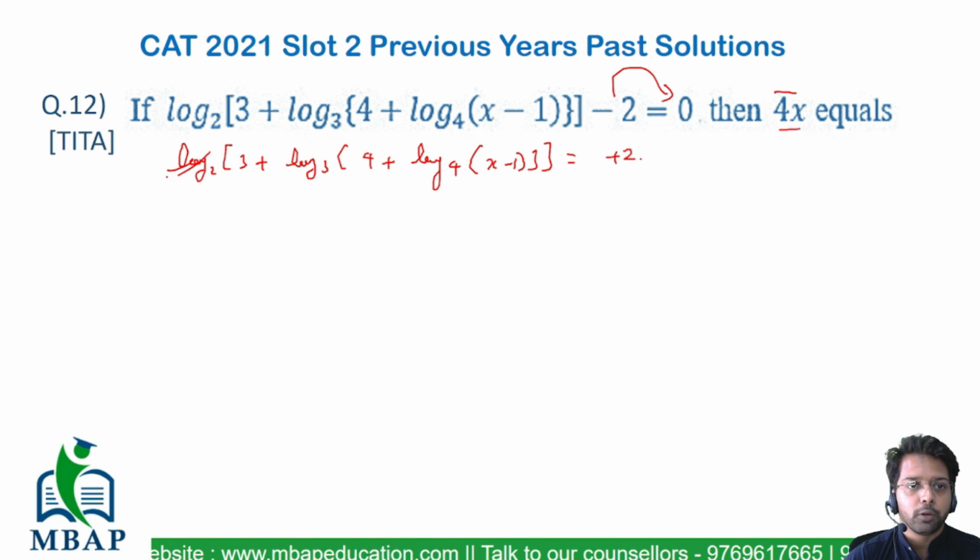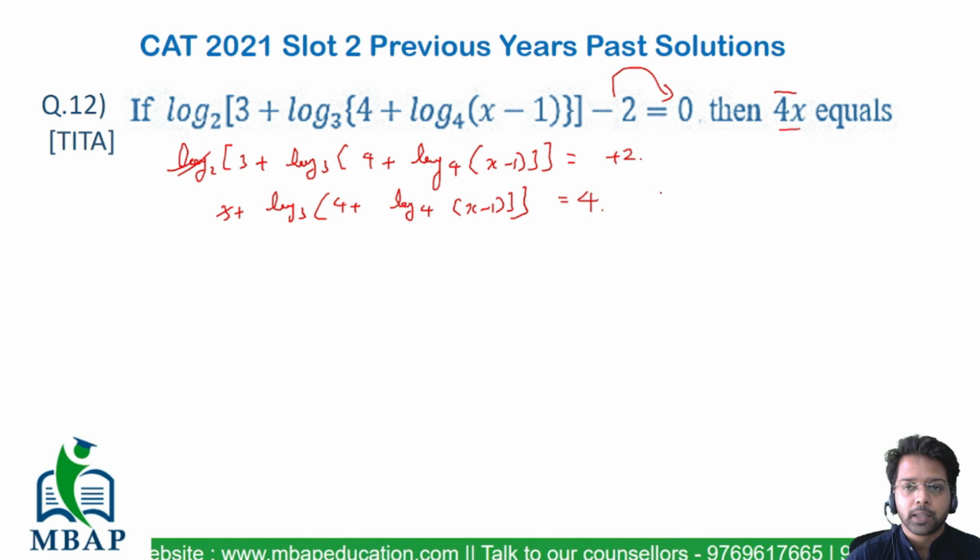Now let's remove log to the base 2 from this side. So this whole expression will become 3 plus log to the base 3 of 4 plus log to the base 4 of (x minus 1). This will become 2 raised to 2 on the right hand side, so 2 raised to 2 will become 4.